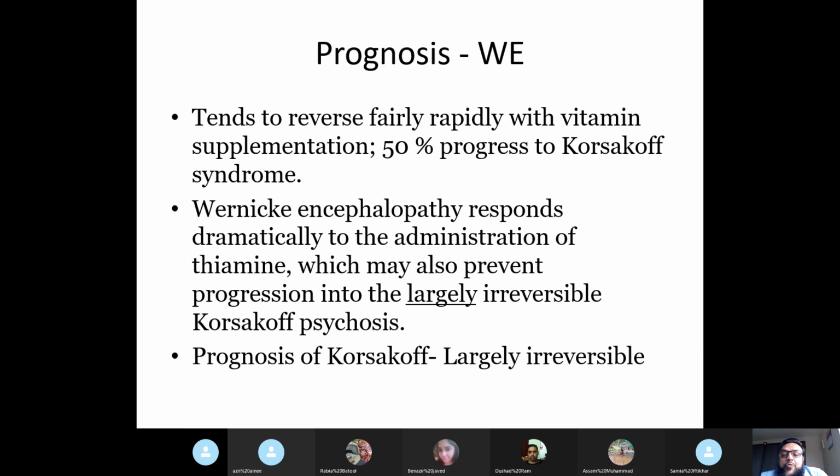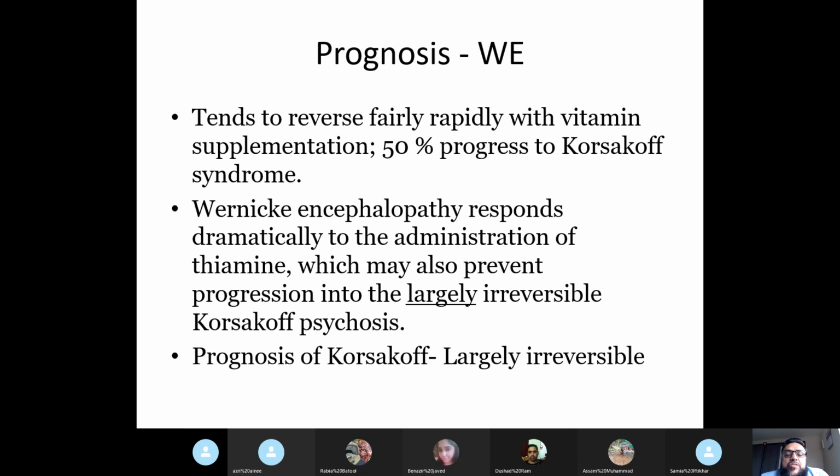But if you fail to treat, then 50% of those, treated or untreated, may progress to Korsakoff syndrome. But if you're treating it, the chances of getting Korsakoff syndrome, which is amnesia or amnesic syndrome, will be less. So Wernicke's encephalopathy responds dramatically to the administration of thiamine.